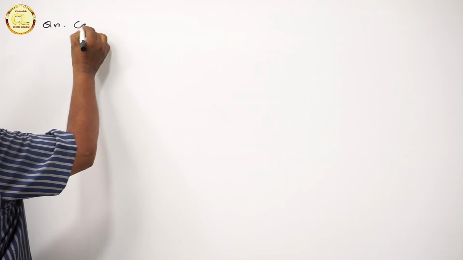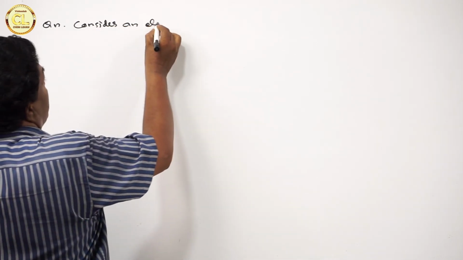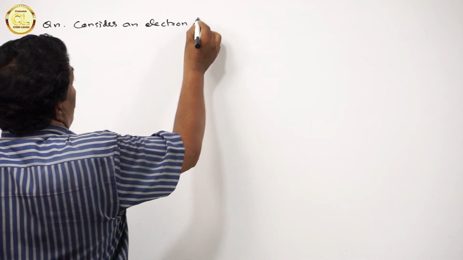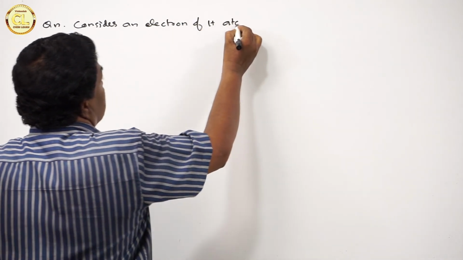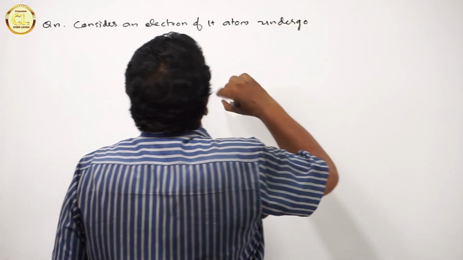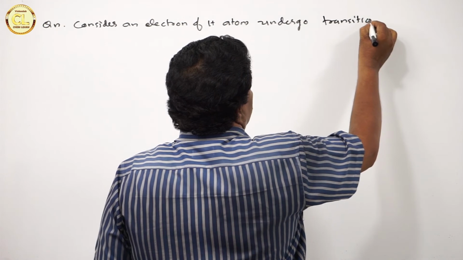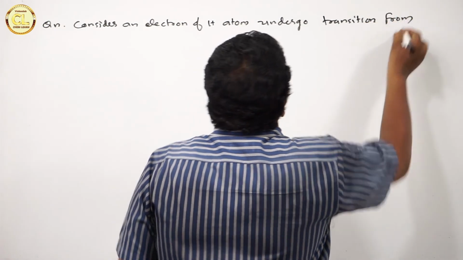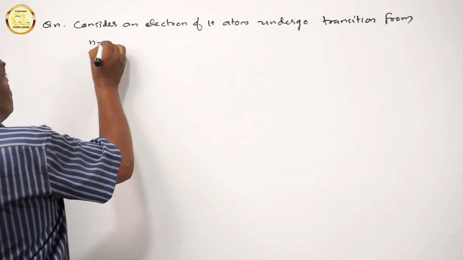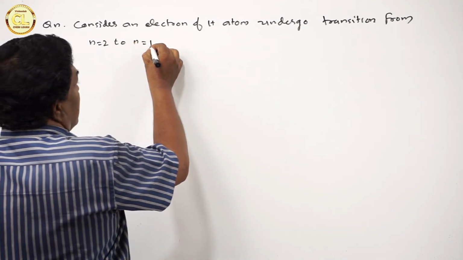Question. Consider an electron of H atom undergo transition from n is equal to 2 to n is equal to 1.